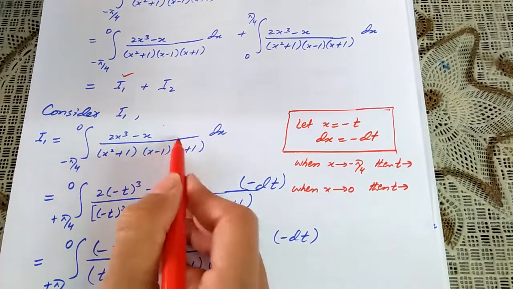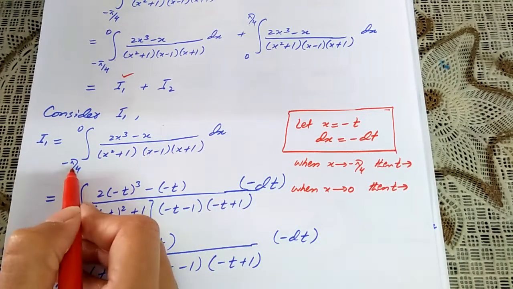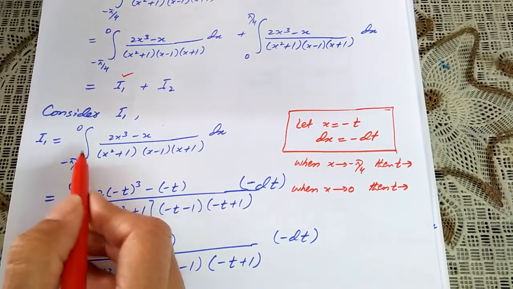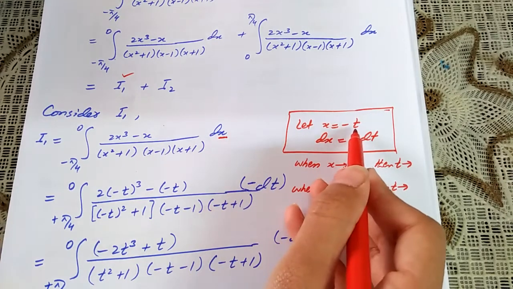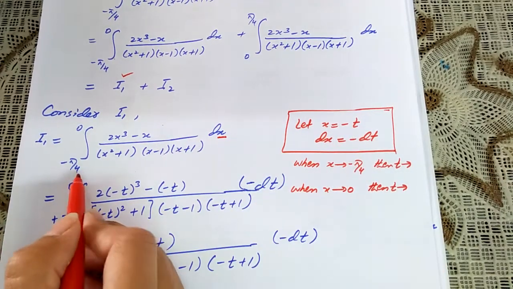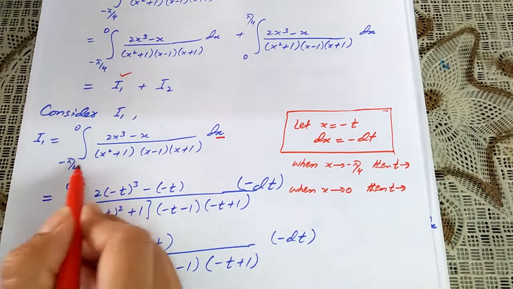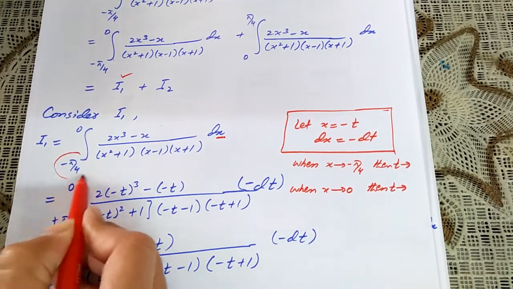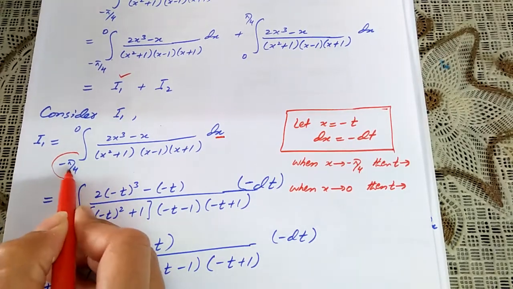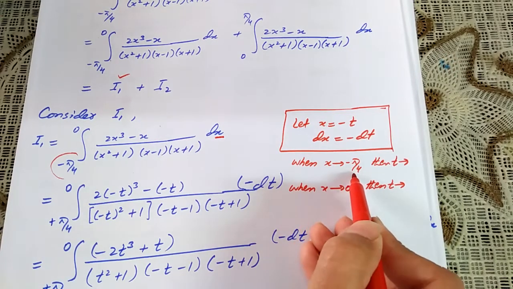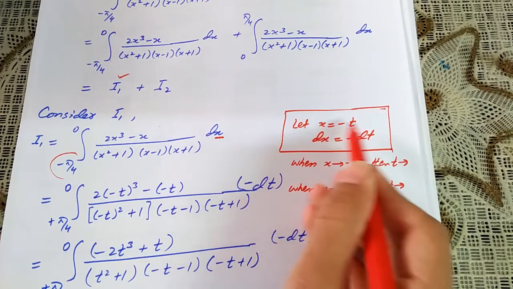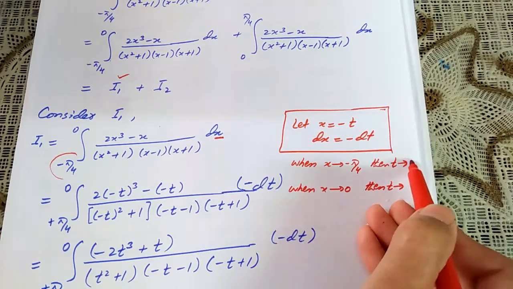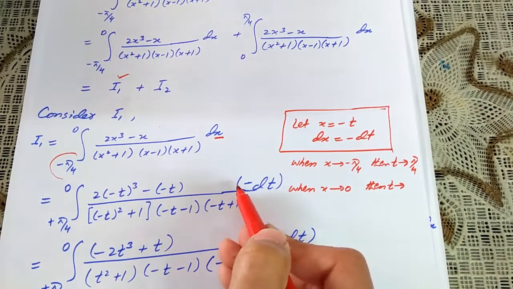Now, if we are changing the variable of integration, we need to change the limits of integration as well. This limit of integration is for the variable x, not for the t. So we need to change our limits of integration as well. First of all, the lower limit. When x approaches negative pi by 4, put in place of negative pi by 4 here, you will get t equals positive pi by 4.